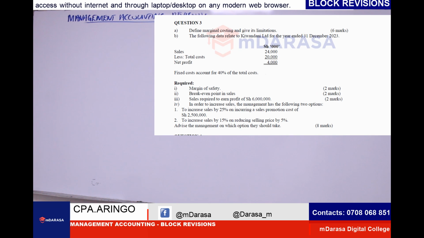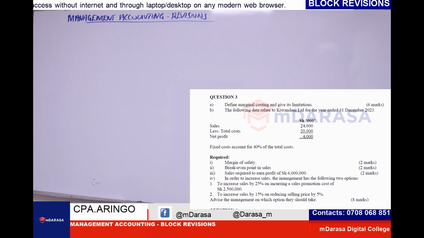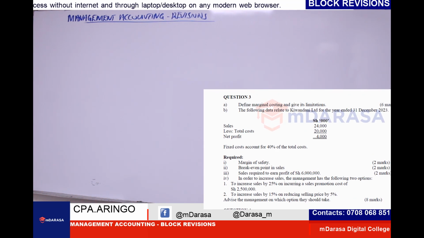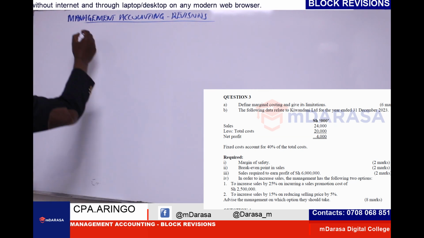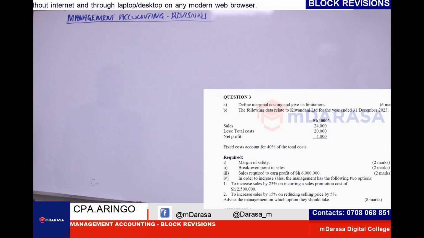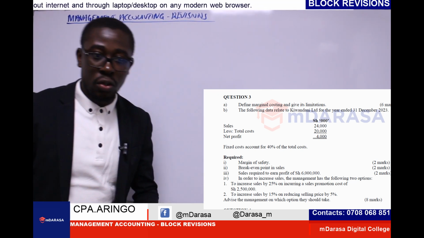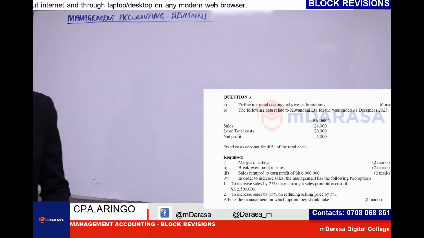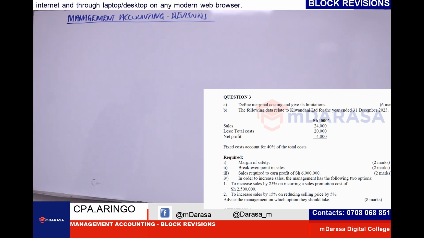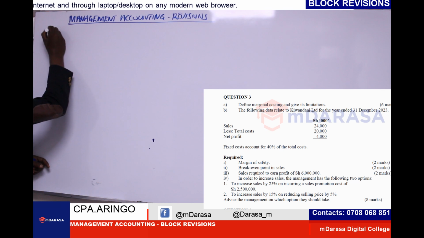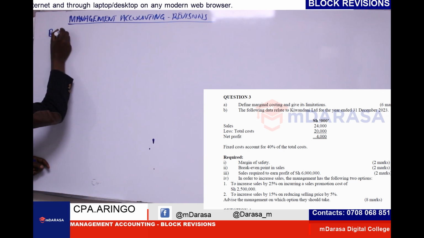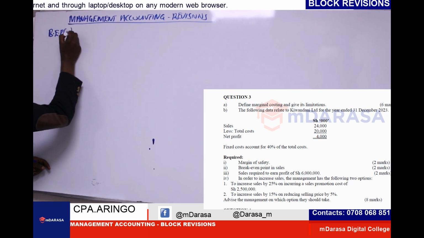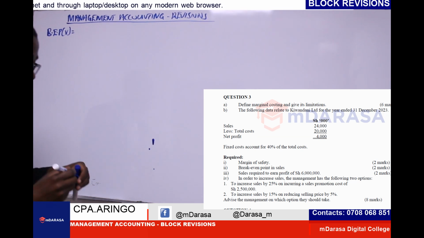I'll just quiz this question, believing that it will still be visible on that corner. So number one, you're asked of margin of safety. And you know very well that you can't determine margin of safety unless you have a break-even point. So the important task for us is to determine our break-even point. The question you're going to ask yourself at this point is, which method are you going to use to determine the break-even point?